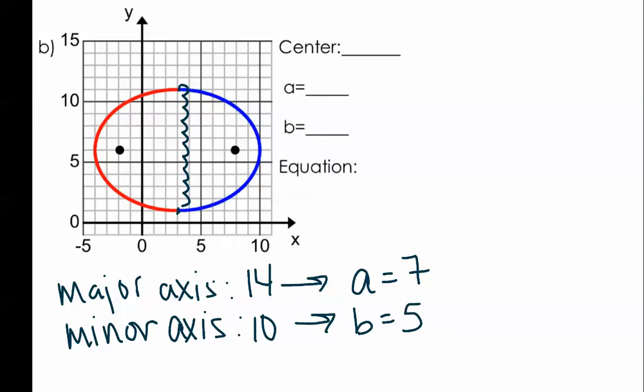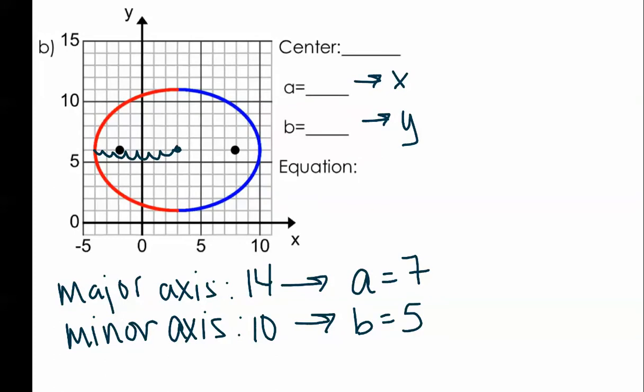Now our major axis is in the x direction, so that means my A value is going to match up with x, therefore my B value will match up with y. Now that I know what my A and my B values are, I can go from my vertex here and move 7 over to find that center. 1, 2, 3, 4, 5, 6, 7.